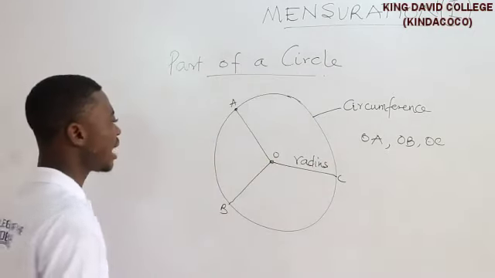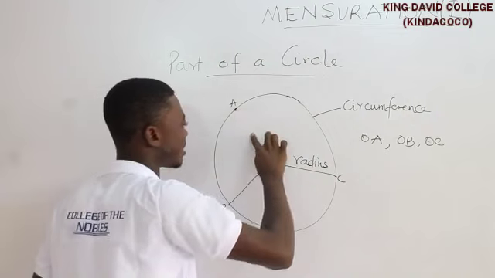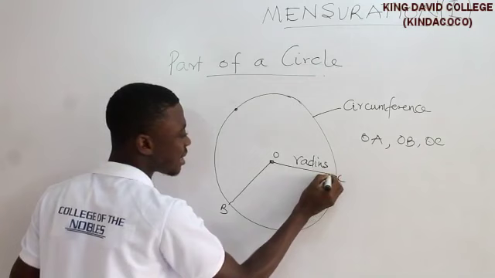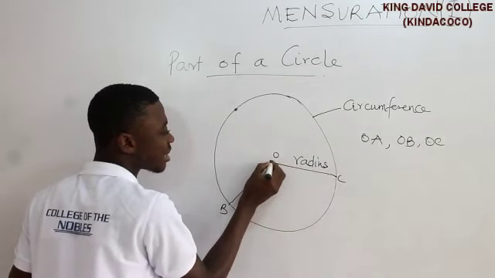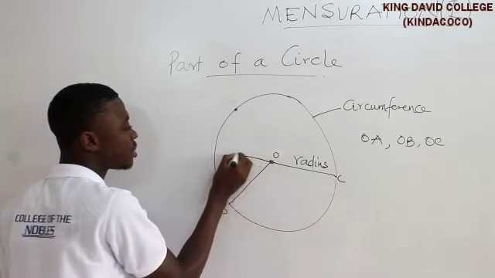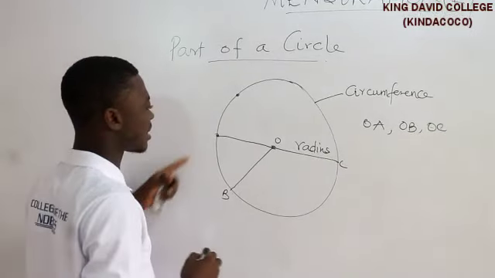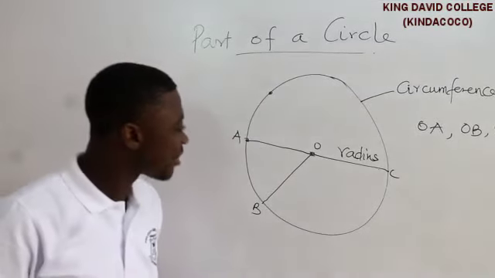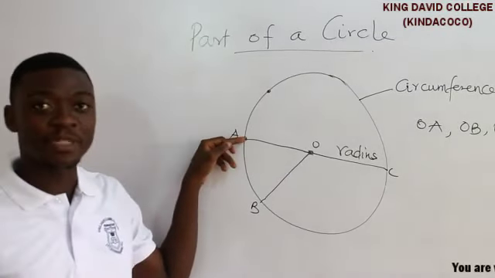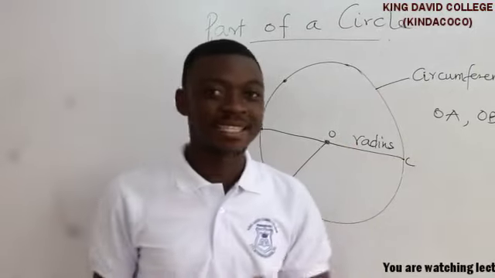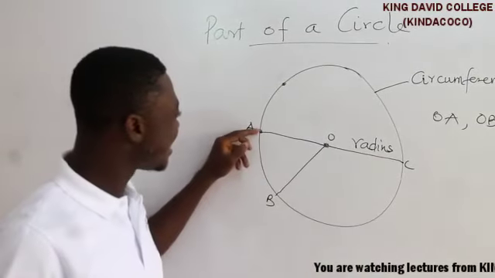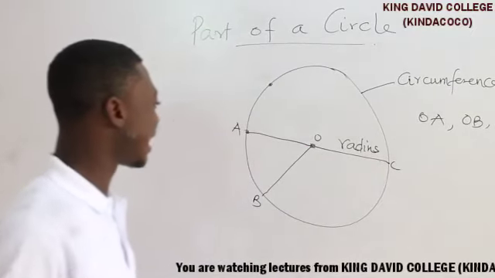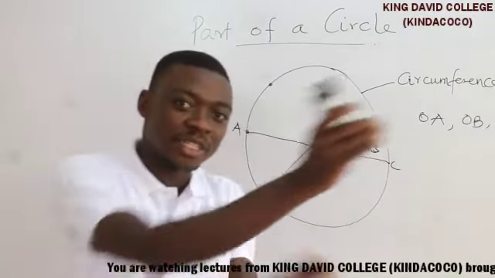Now, if you have this one here, starting from C, and then another radius continues from the center to hit the circumference of the circle over here, say A, then this becomes a straight line from one part of the circumference to the other. But this line has passed through the center, so it is almost like two radii on a straight line.